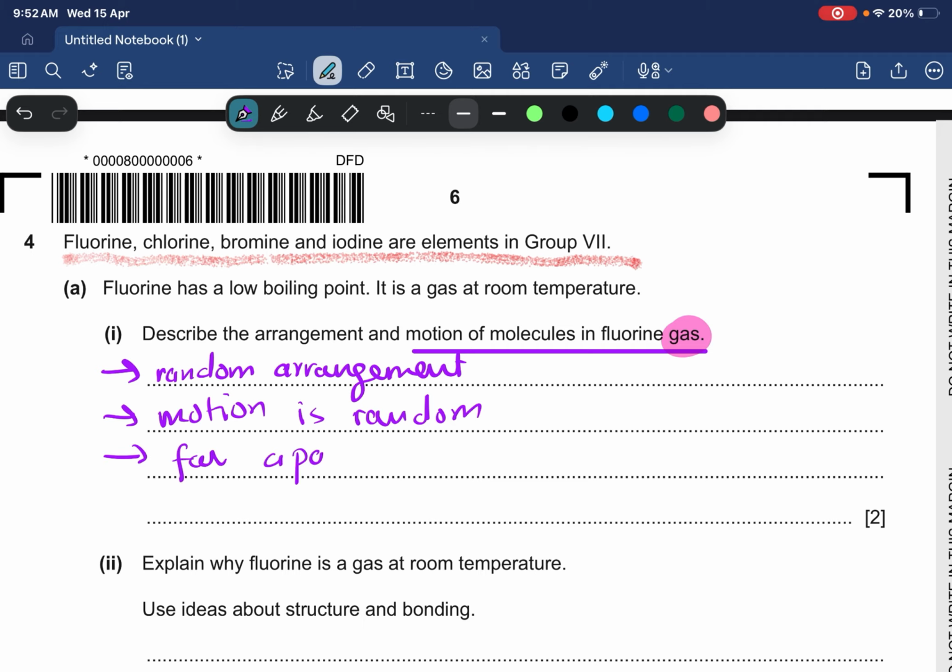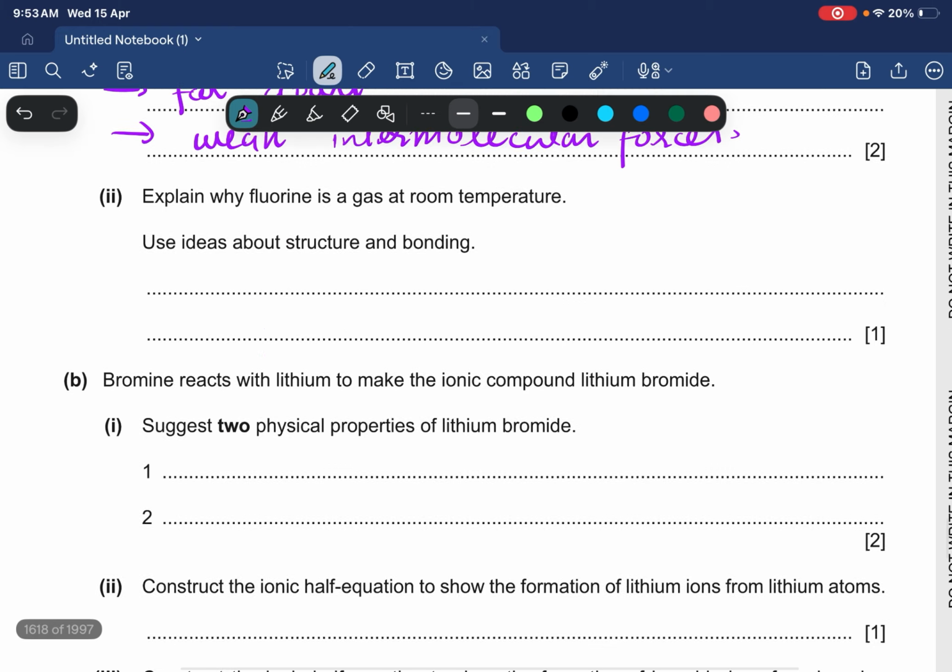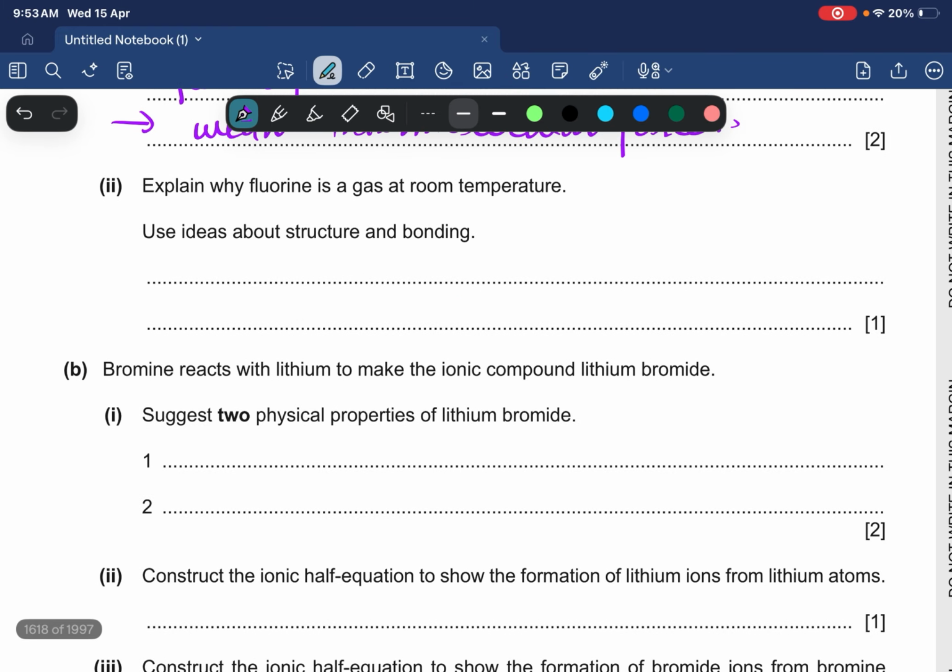I guess that's elementary school science. Solid, liquid, gaseous, particle arrangement, that's the easiest thing. Far apart and weak intermolecular forces. You write all this stuff. What do you know about gases? Okay. Explain why fluorine is a gas at room temperature.